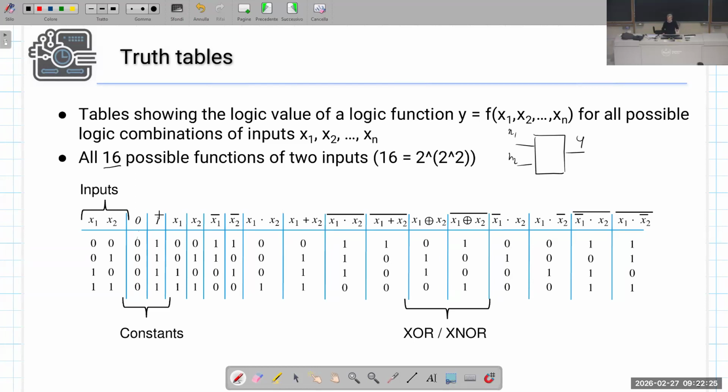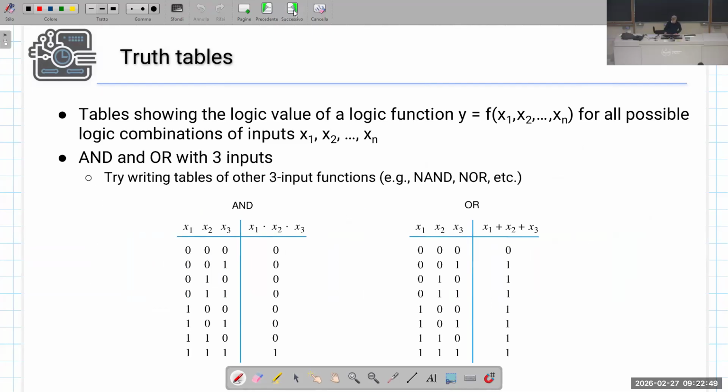Also in mathematical analysis, we have the function that is constant equal to 0, or constant equal to 1, also for continuous variables. This is the equivalent for Boolean values. Is that clear? Comments, questions?